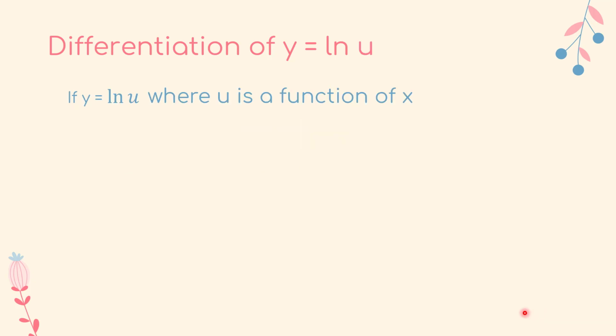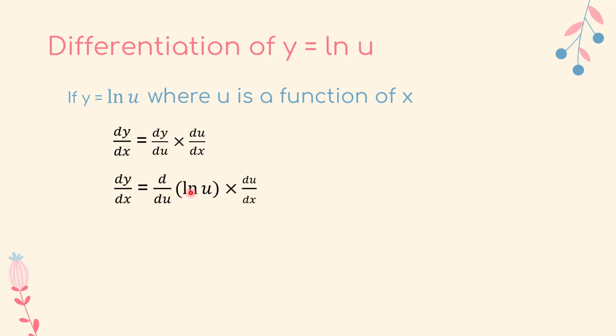Now let's continue. What if we have y equals ln of a function u, where u is a function of x? Then we will apply the chain rule again. dy/dx will be dy/du multiplied by du/dx. So if y is ln u, then when we differentiate ln u with respect to u, we have to multiply it by du/dx.